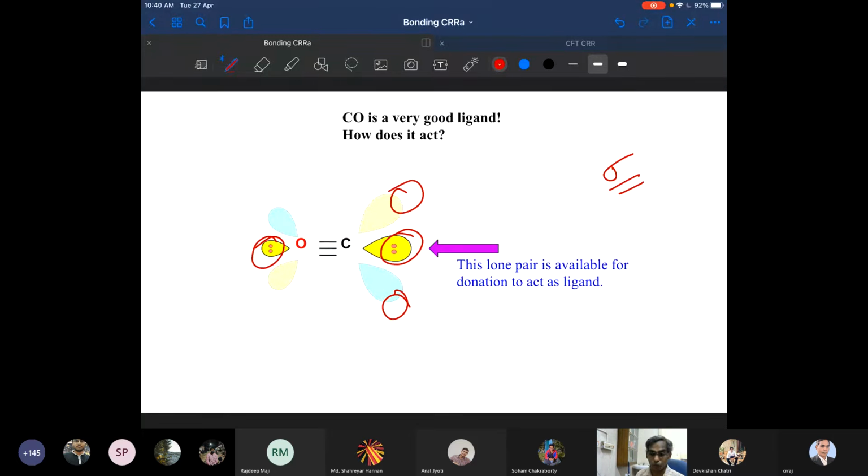In the case of hemoglobin, the energy level of iron and the symmetry of the orbital match with the symmetry and energy of the carbon monoxide MO. As a result, through a synergistic interaction, the carbon monoxide irreversibly binds. Okay, right.